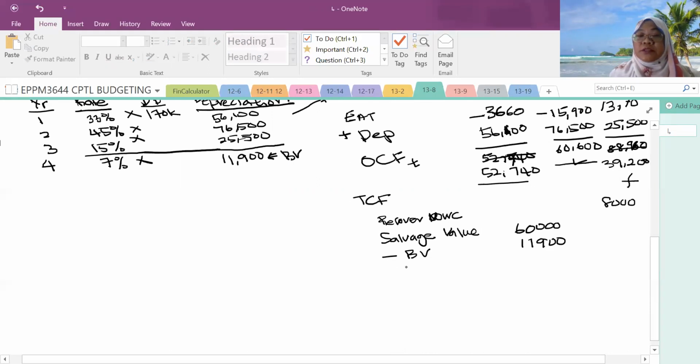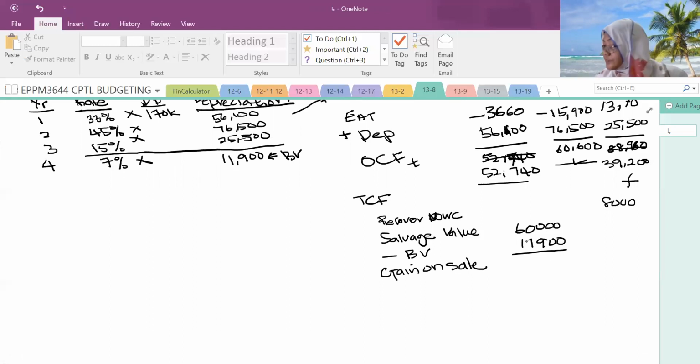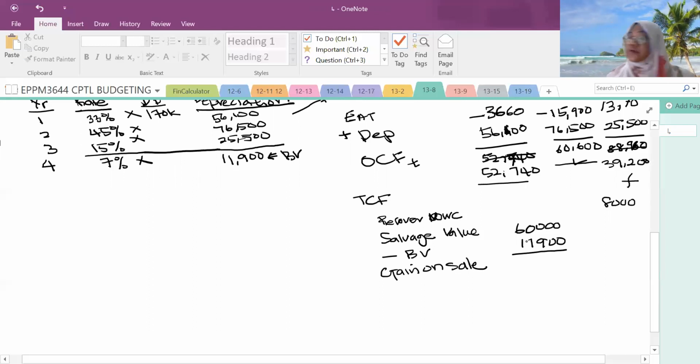So here the company is making a gain from selling the old equipment, right? So gain on sale of asset. Here you will get 60,000, I'll use my Excel to be faster. Okay, 48,100.